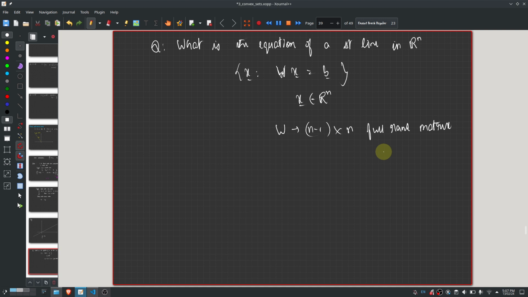And B corresponds to a shift. Wx equal to 0 would correspond to a straight line, but what straight line? That would be a straight line passing through the origin, right?